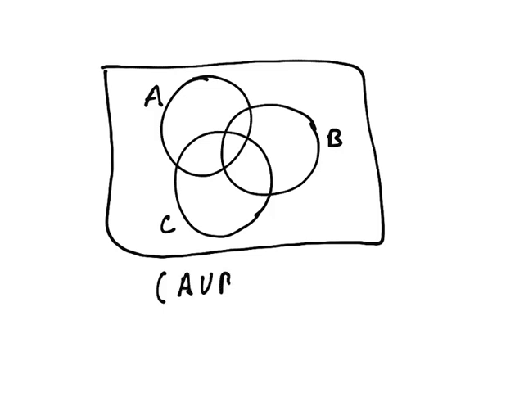The union of A and B, intersection C. So let's make sure that this is the union, and then this one is the intersection. So we don't get confused, we know which one is which. All right, great. So now let's go ahead and do that.